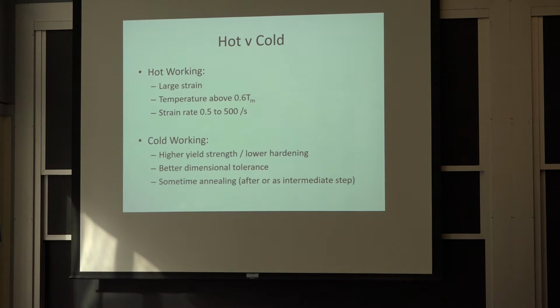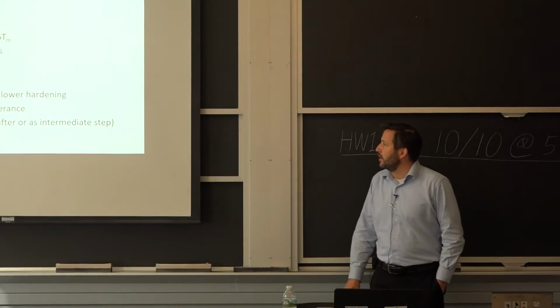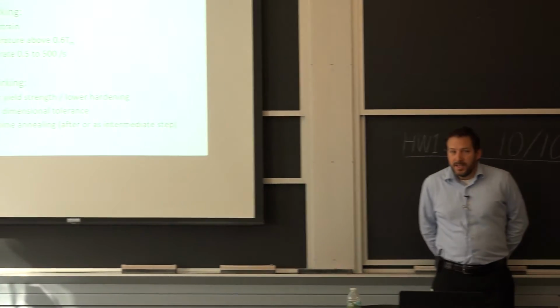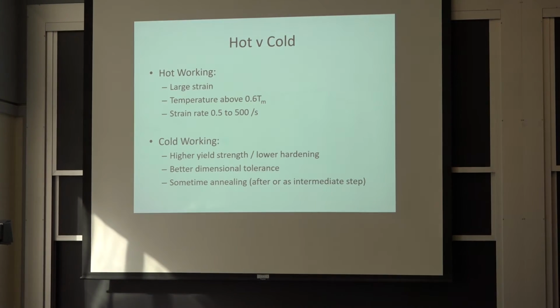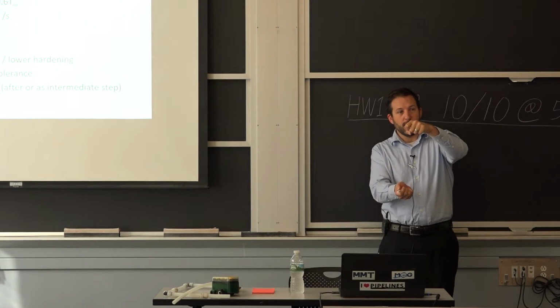When you follow the process here, when they say the temperature is 0.6 times the melting point in Kelvin, what that means is we're in a behavior where the steel will creep. It's hot enough that if you hold a piece of metal at that temperature, it's going to slowly get longer and longer and longer, just like a piece of plastic.